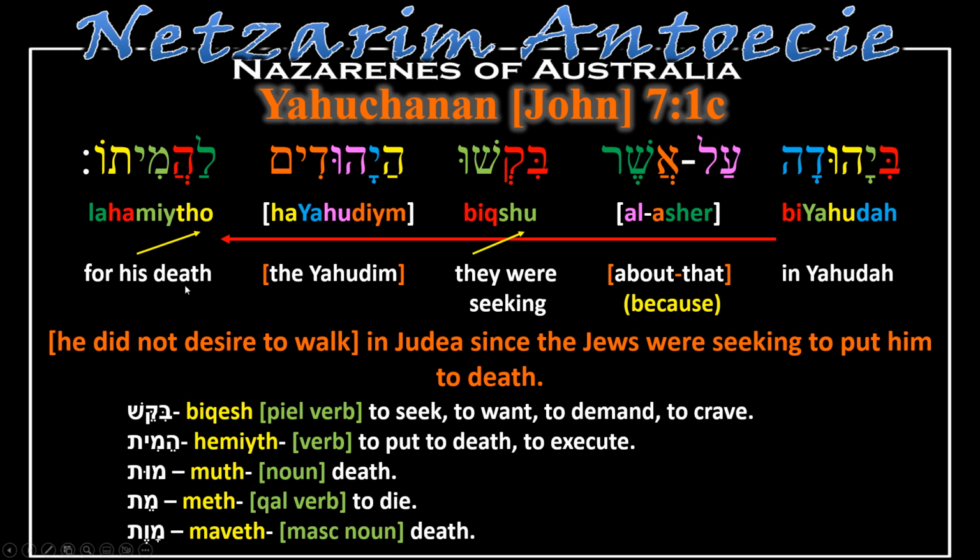So for his death. So he did not desire to walk in Judea, since the Jews were seeking to put him to death. Remembering we're only in chapter 7, and already their desire was to kill him, to put him to death.